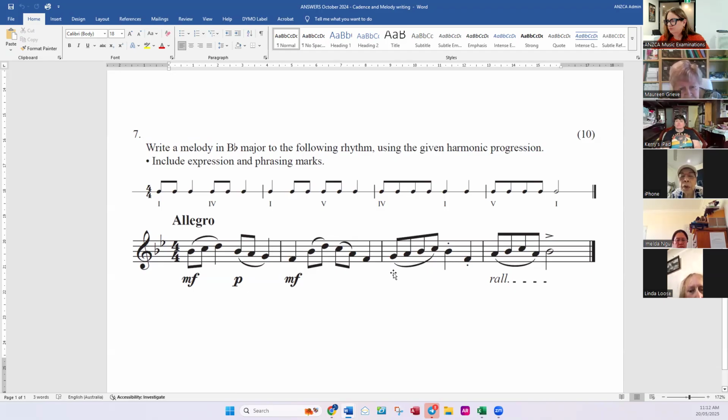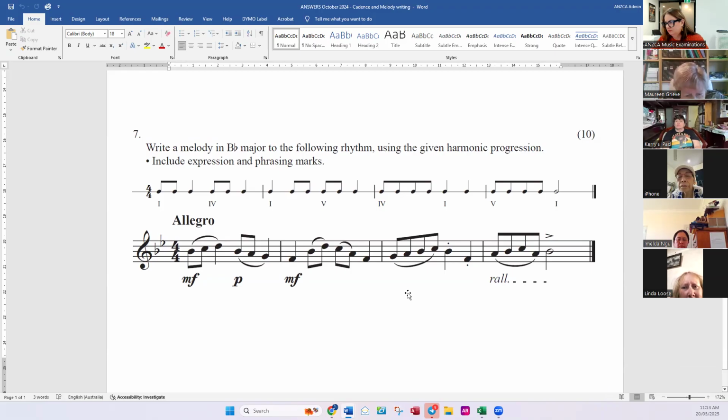The 4 quaver notes with 1 phrase, staccatos for the 3rd and 4th beats. And the same with bar 4, the 4 quavers as 1 phrase, and then the last note with an accent. And there's 4 indications underneath, MFP, MF and RAL at the end. 4 is probably as many as you would want, I think.